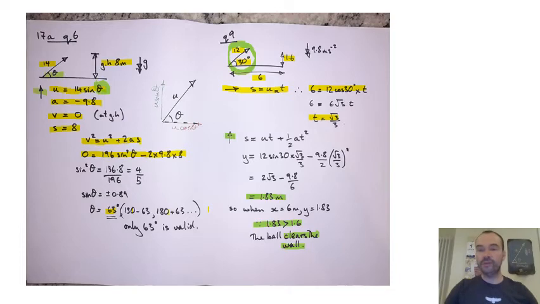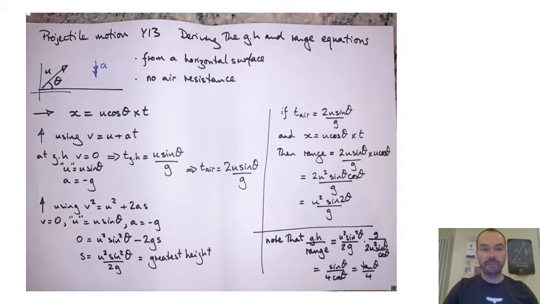Now, what I want to go on to this time, though, on this first video we're making, is my favourite bits of this. Okay, it's deriving greatest height and range equations, and also showing that the path of the projectile is a parabola. Some really nice algebra, a nice use of the work we did on the year 13 trig as well.